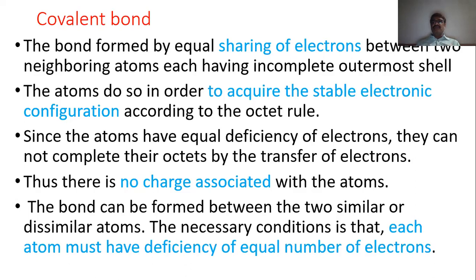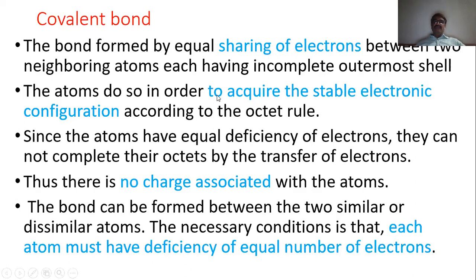For example, they share a pair of electrons in the common space between them, and the bond is formed. That type of bond is called a covalent bond. So one thing is clear: the covalent bond is formed because of the equal sharing of electrons between the two neighboring atoms.